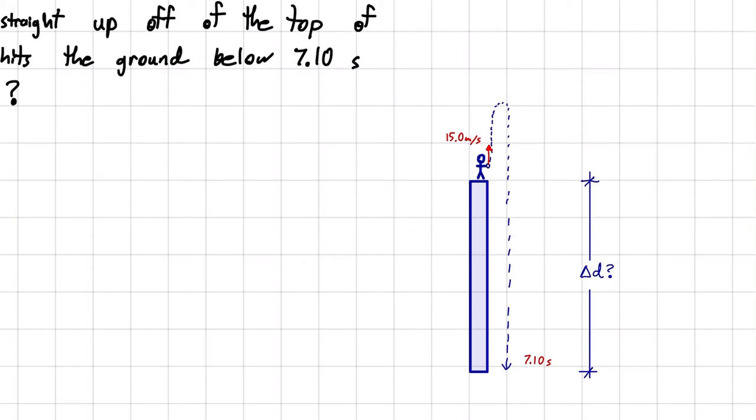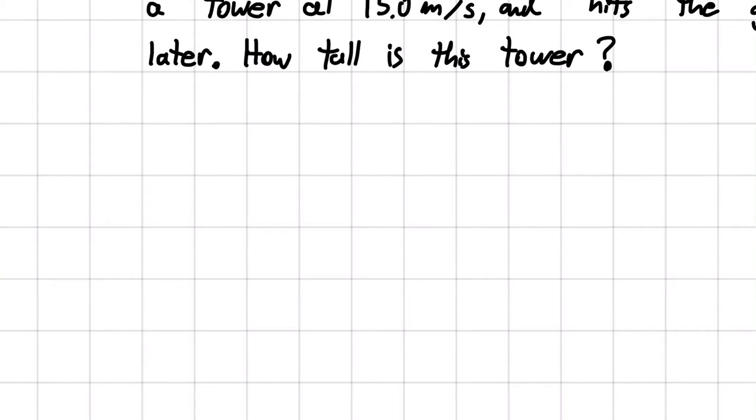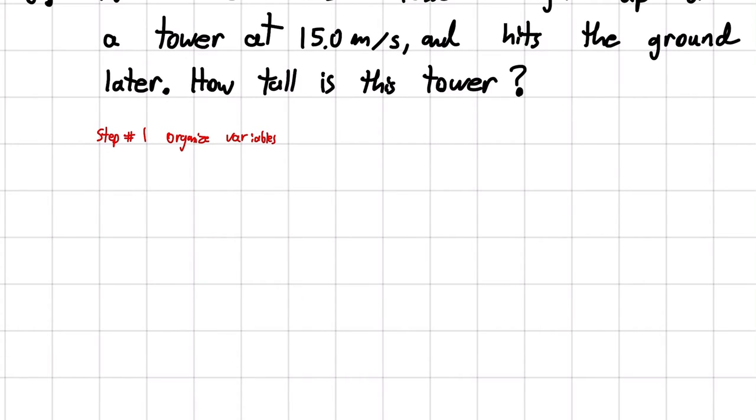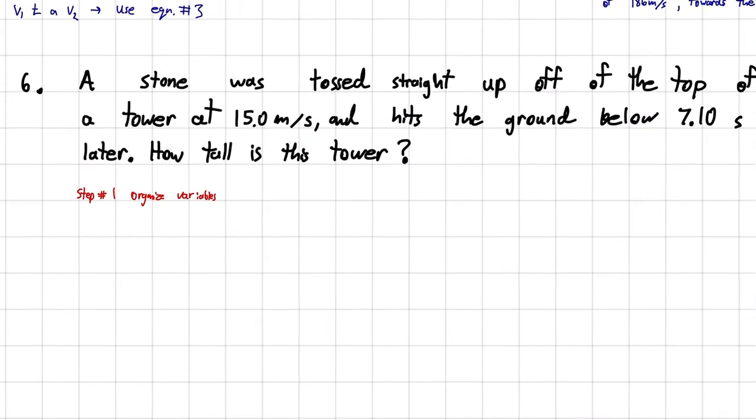Okay, so now that we have our problem visualized, we are going to move on to step number 1, that is to organize the variables. Here we can see some information that we're given.